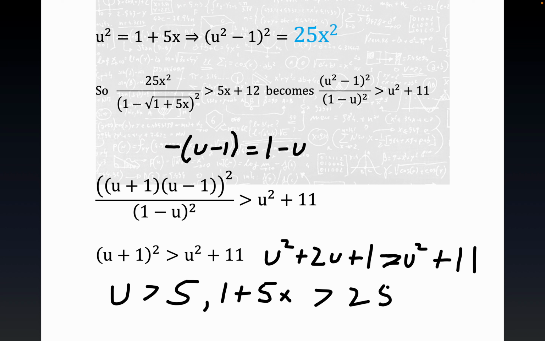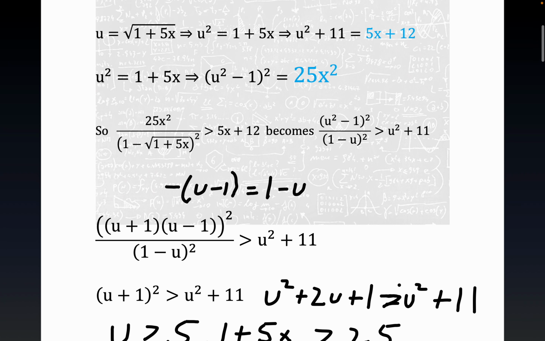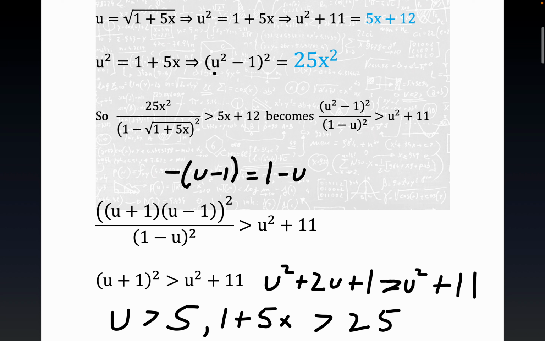When you square U, you're left with 1 plus 5x without the radical, but you also have to square 5.